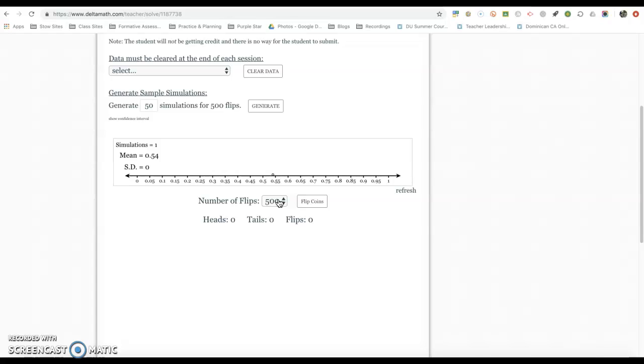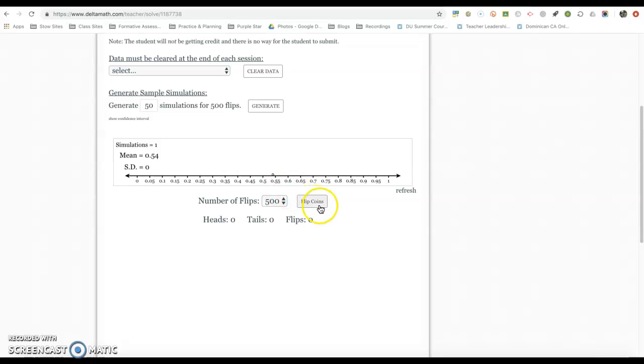Okay, so this was a really interesting experiment, right? I just went to the biggest number that the program would let me generate, and we did all of those flips, and it gave me one little data point in my experiment.